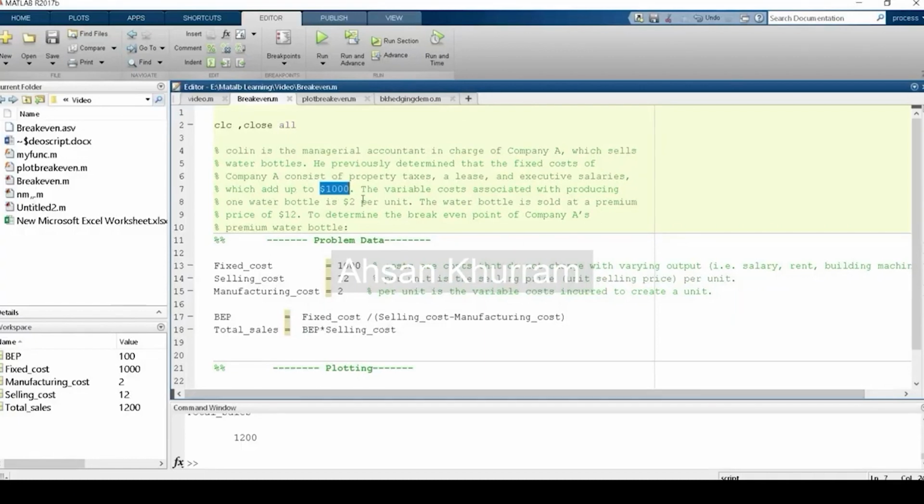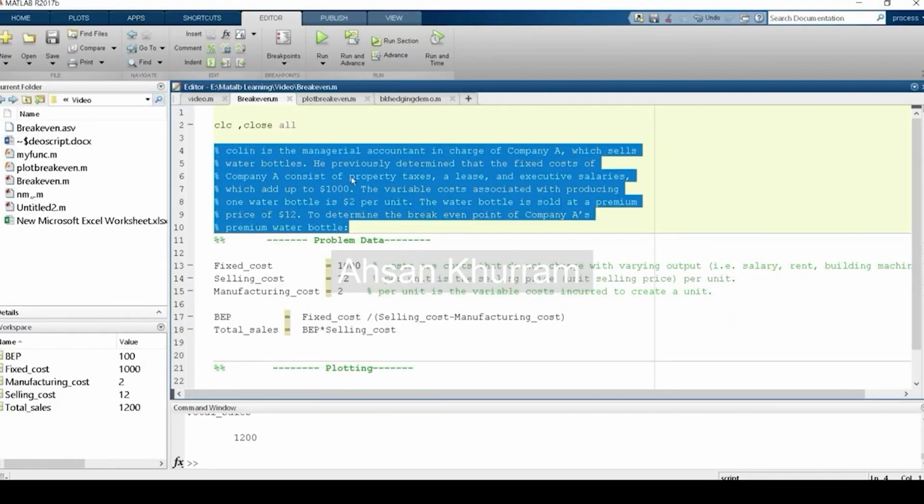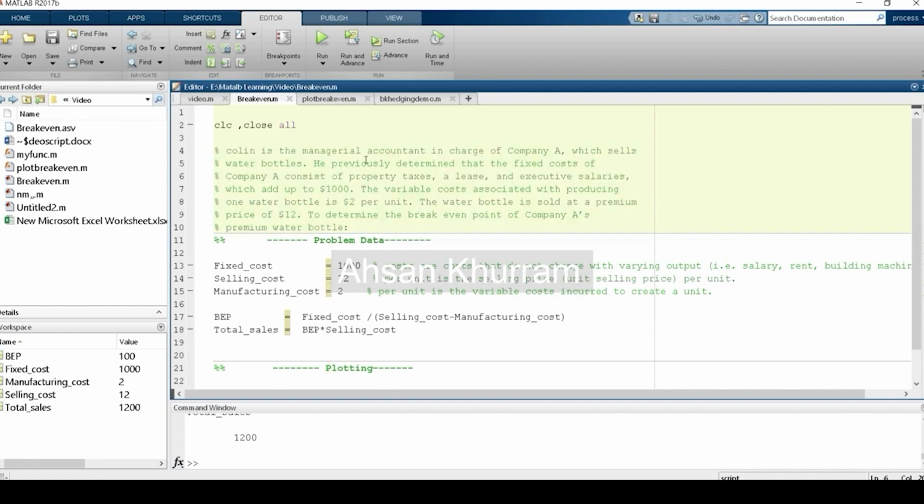This is our MATLAB environment, and this is the example we are going to solve on MATLAB. Mr. Colin is an accountant in XY company. His company decided to install a water plant which has a total installation cost of $1,000, and this $1,000 will be our fixed cost.